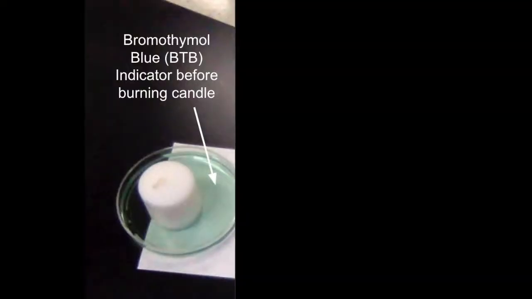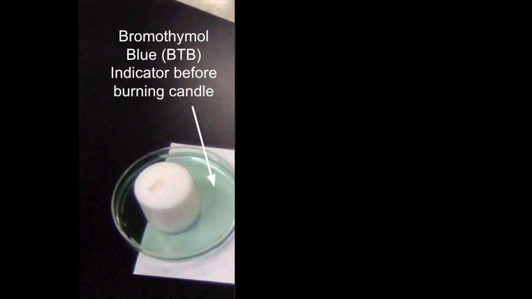So that's the first question we looked at. And you should kind of know, I mean, we looked at this. But the second thing is there's another thing that's being made. And I don't have a test at home to do this. But if you remember, we looked at this indicator called bromothymol blue. And we put a little dish of this blue liquid underneath our candle by the ethanol and other things.